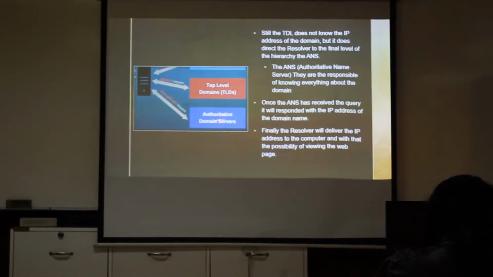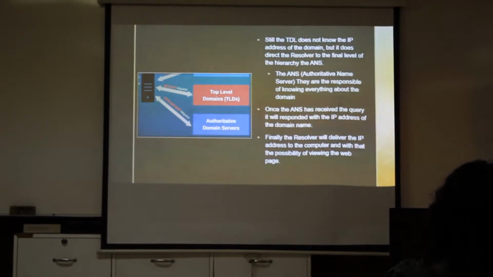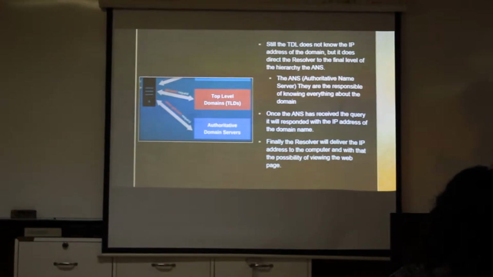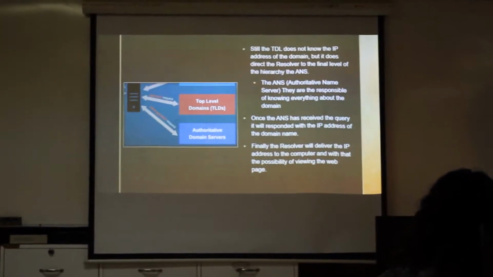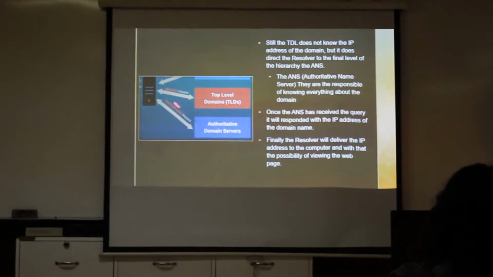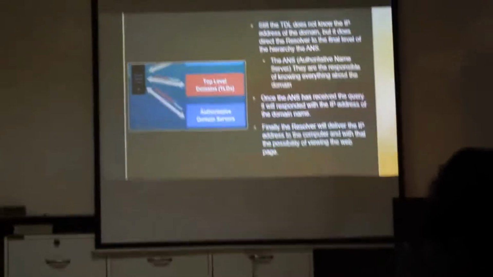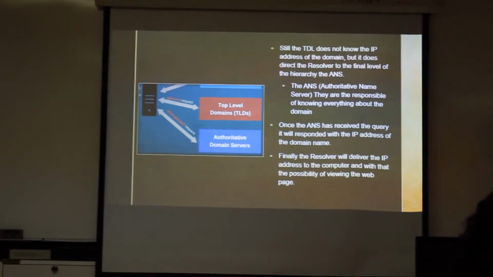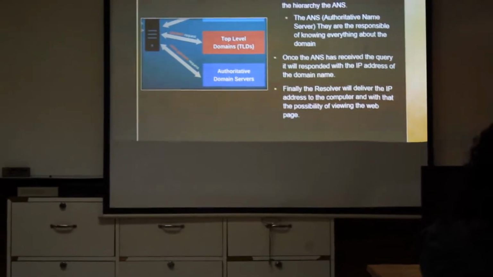In this case, it's the authoritative domain server. Finally, this server is the one that has the IP address. Once the query is answered, it redirects to the result server, and this one gives the IP address to us.